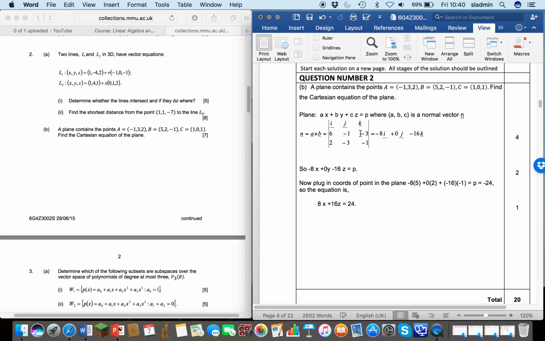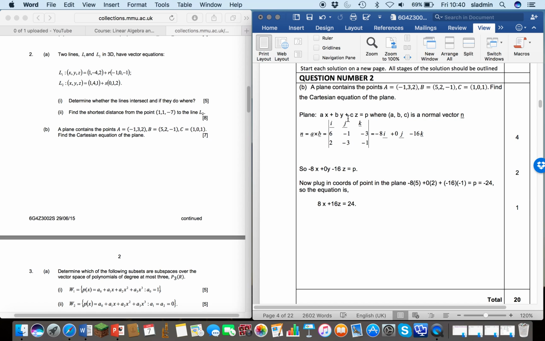So AB is found by doing B minus A, and that gives us the vector (6, -1, -3). And AC is simply C minus A, which gives us (2, -3, -1).